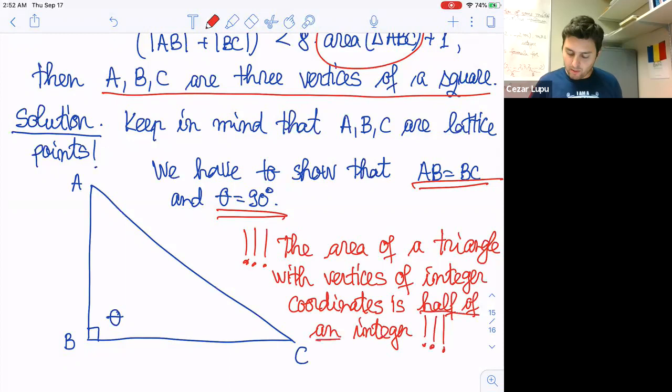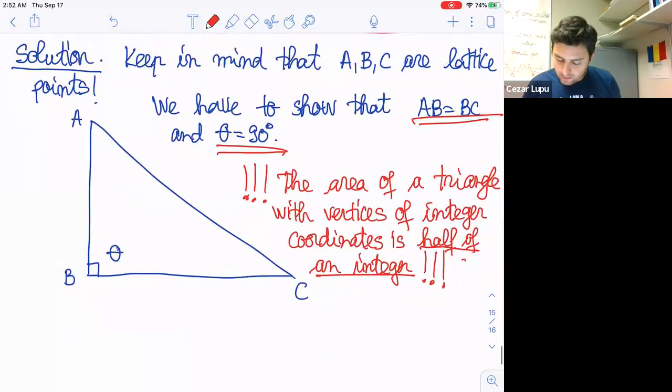That's very important. And the proof is not hard. I'll leave it to you as an exercise. It's basically calculus 1. But let me tell you the idea.